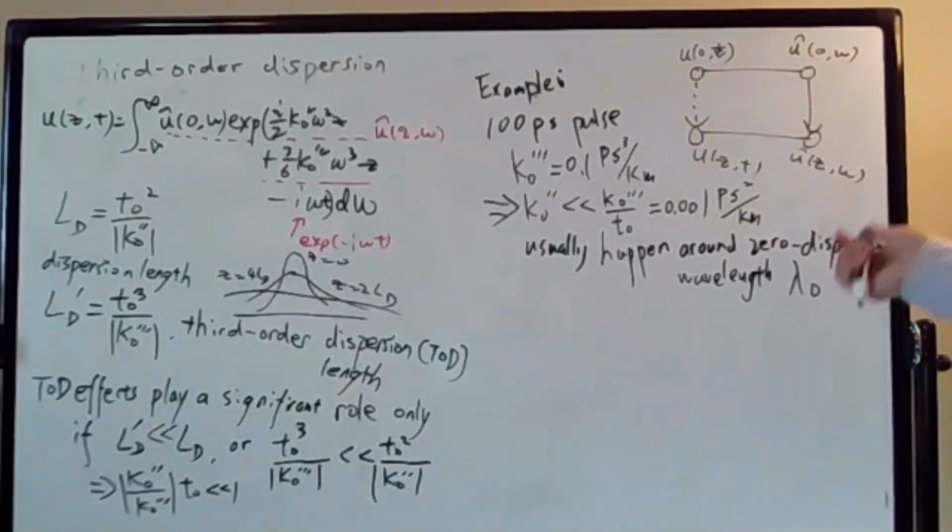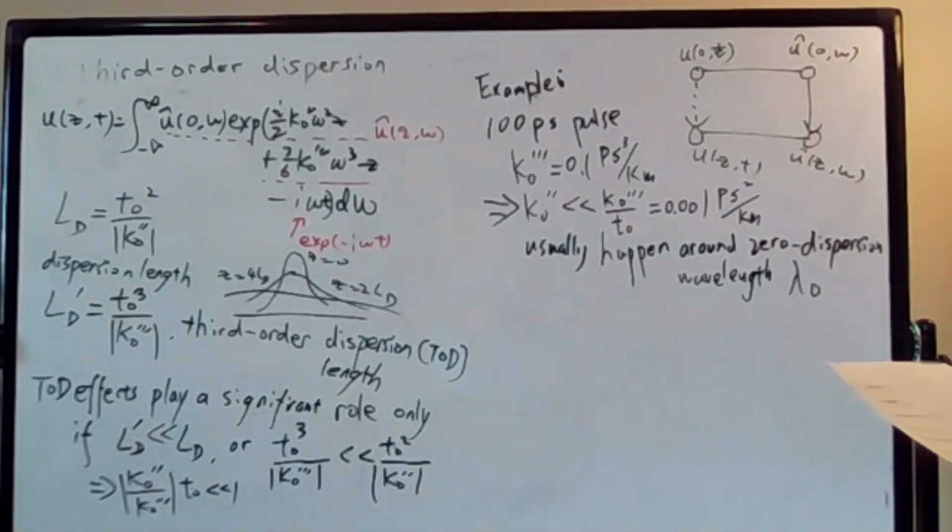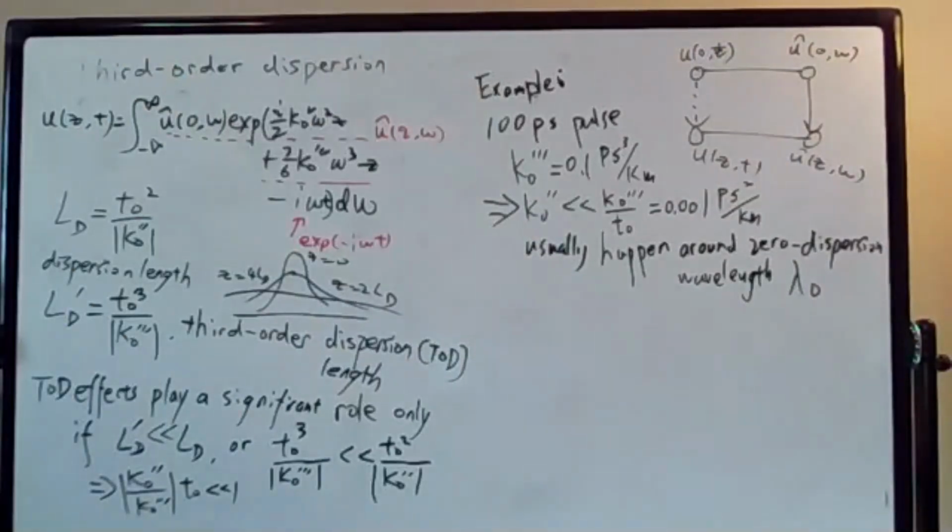It only occurs when the second order dispersion is almost zero, mostly when the second order dispersion is zero. So that's the condition when the third order dispersion will play a role.